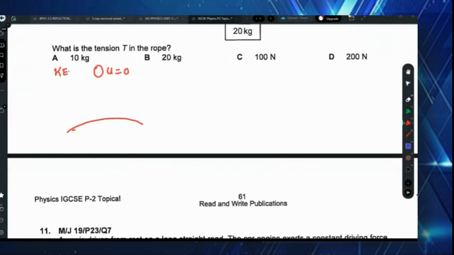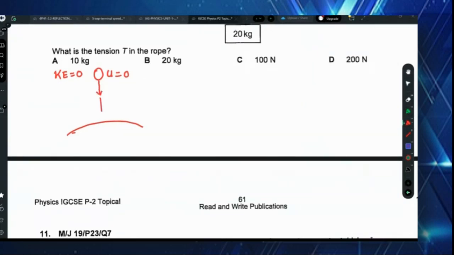But as it drops down and down, its kinetic energy is increasing, and gravitational potential energy decreases. So loss in gravitational potential energy equals gain in kinetic energy.